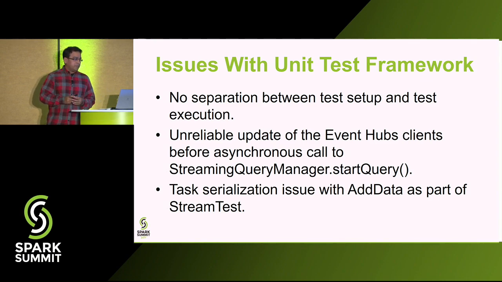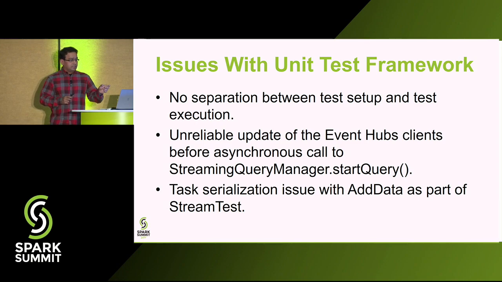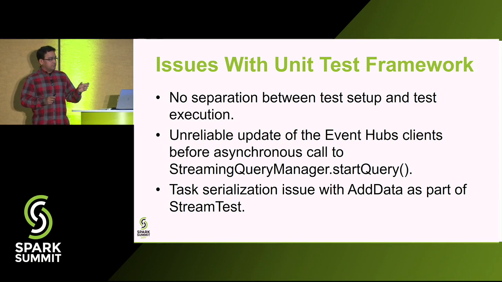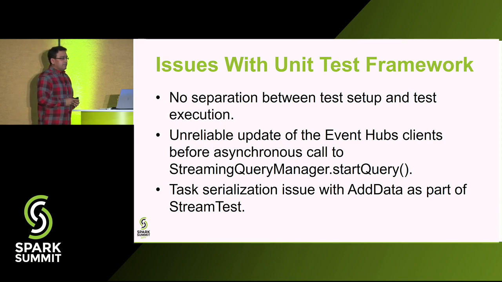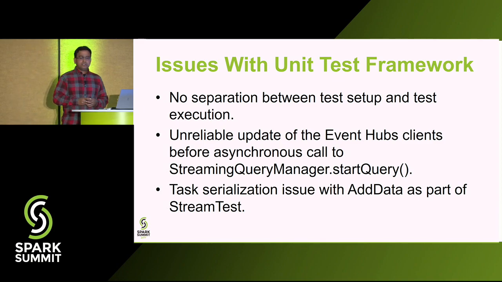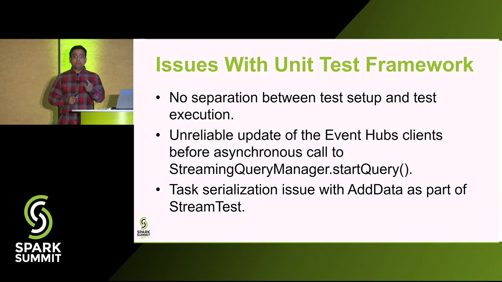The unreliable update of the EventHubs client is, of course, our own doing, and that is because in the Spark code, the streaming query manager's start query is asynchronous, and that brings us a race condition for the way we are using it. And then we also face some task serialization issues with add data, which is a trait that the framework provides. We were supposed to implement that trait to add the data to the source.